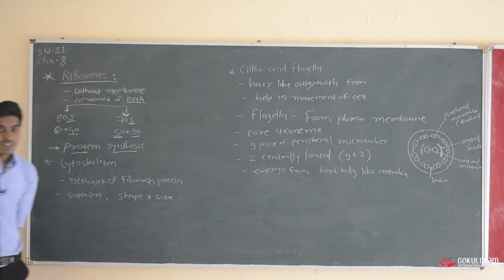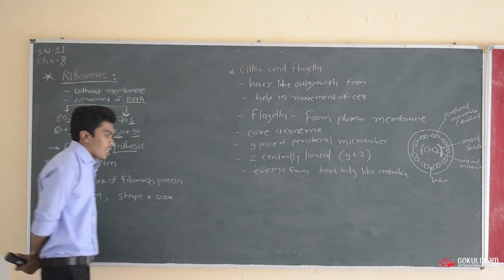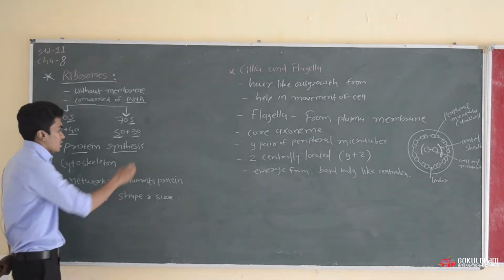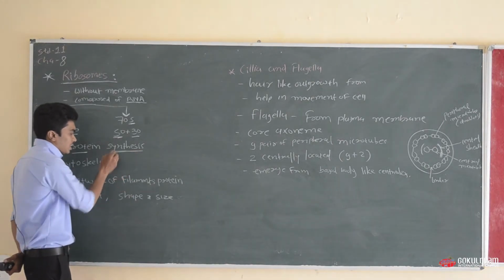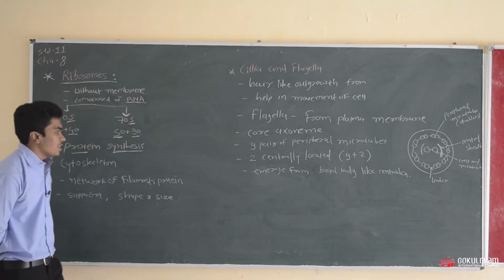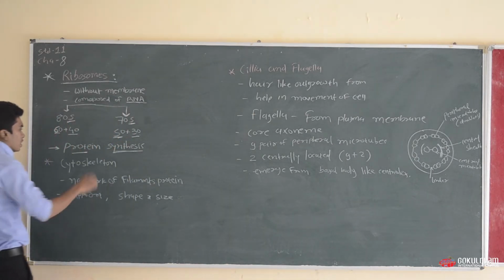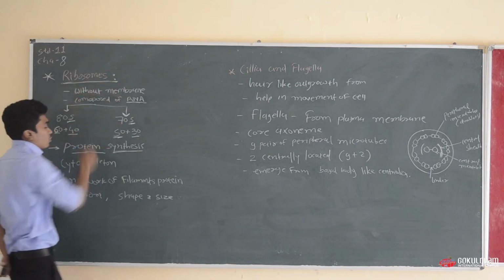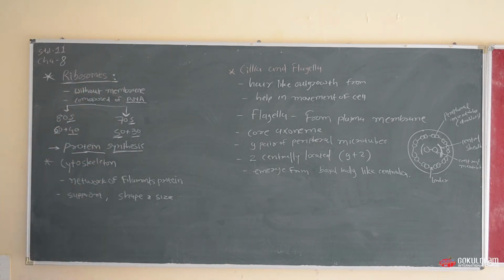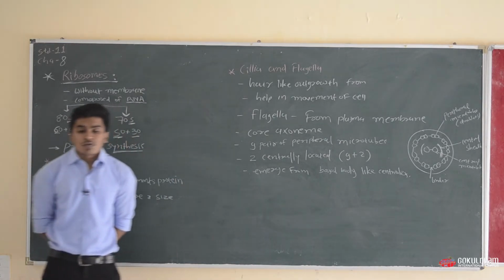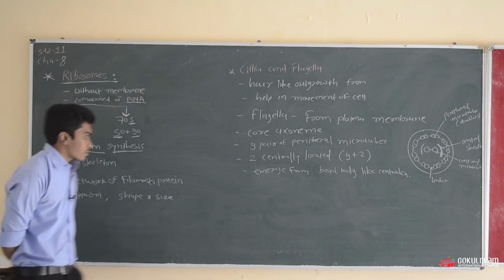As we have seen earlier, one type of endoplasmic reticulum is the rough endoplasmic reticulum. On the surface of its membrane there are ribosomes, which are responsible for the synthesis of protein.